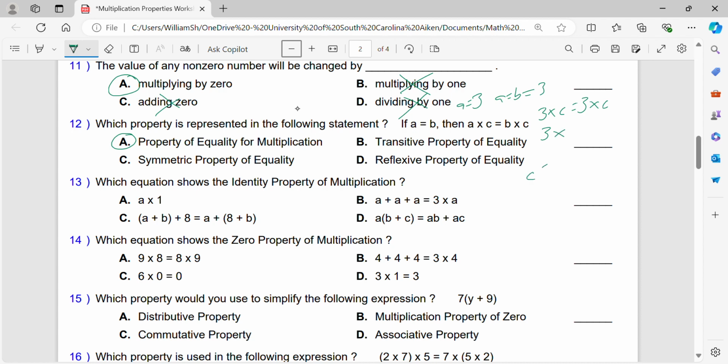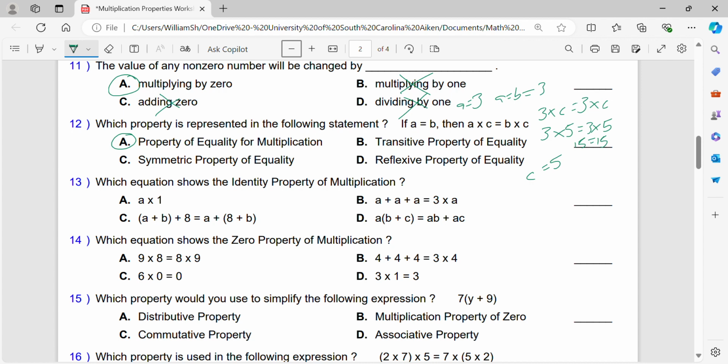Let's say C is 5. Obviously, if I substitute that 5 in there, 3 times 5 equals 3 times 5 because 15 equals 15. Right? That equality property holds. That's all that's showing there.